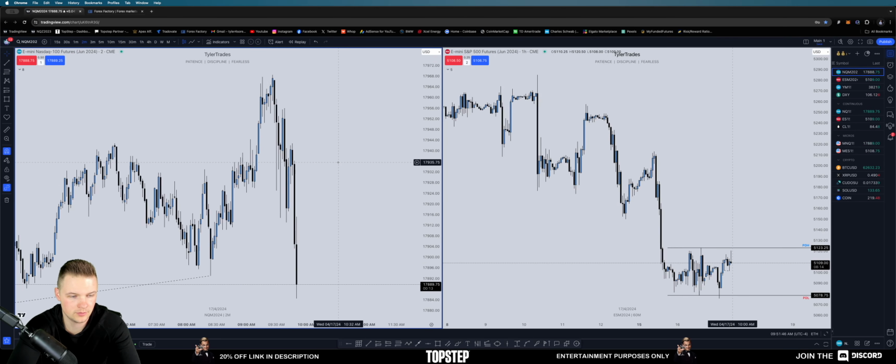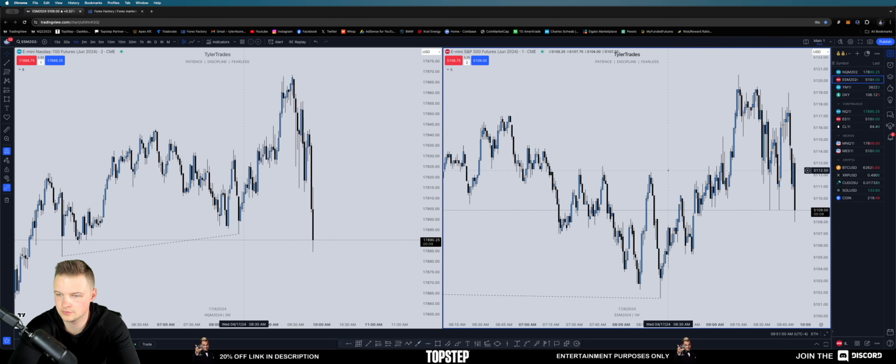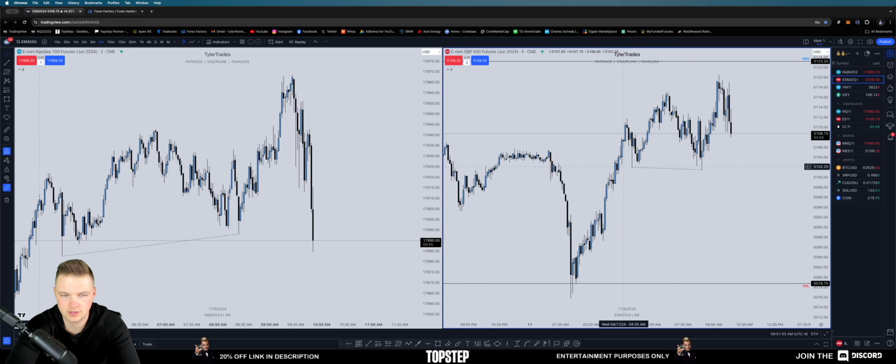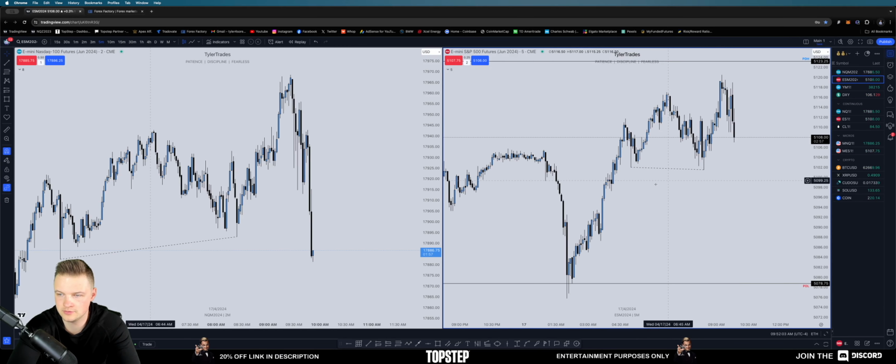So here we go. Pulling back now below these lows. Let's drop down and see what the 5 looks like here. Okay, so right now we're forming SMT at the lows. ES at this very moment has a higher low, and NQ is pushing a lower low.